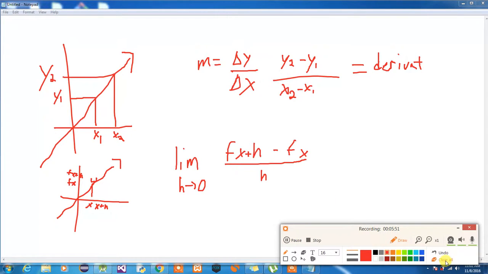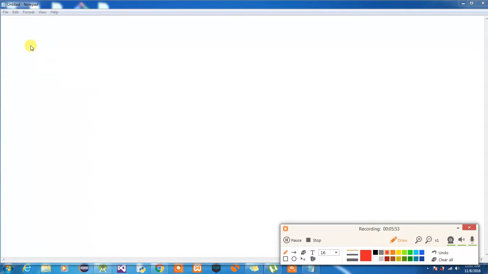Now, let's clear this. So how do we actually do this? Let's start out with writing out the limit h going to 0 of f of x plus h minus f of x over h.